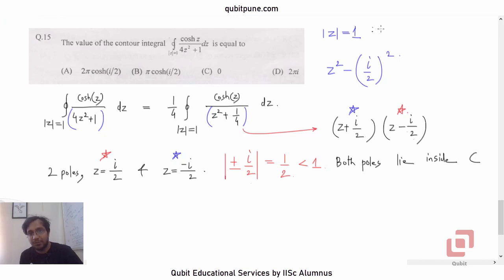Let's say I call this contour as C. So we need to consider the residues at I by 2 and at negative I by 2 in order to evaluate this contour integral by residue theorem. So that is what we will do next.